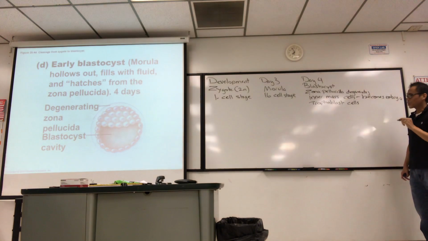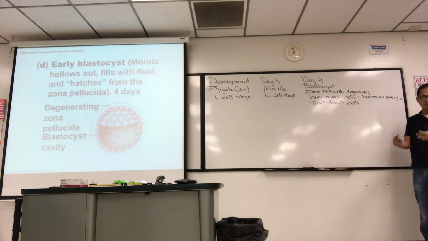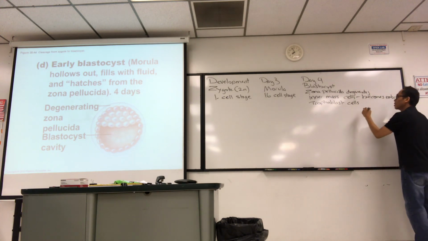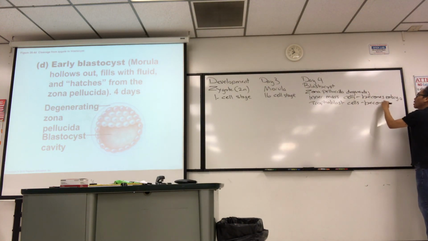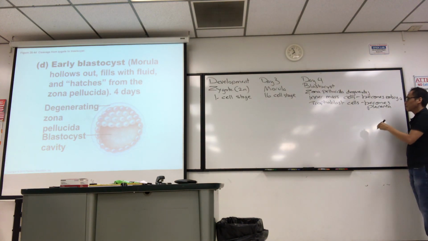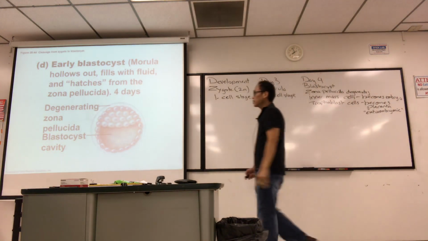Now, there's a term called extraembryonic structures that support development but aren't actually part of the baby proper. They actually will become part of the placenta. Okay. So anything that supports development but is not actually part of the baby, they use the term a lot, extraembryonic is the term. Okay, you start to see that as soon as day 4 post fertilization.